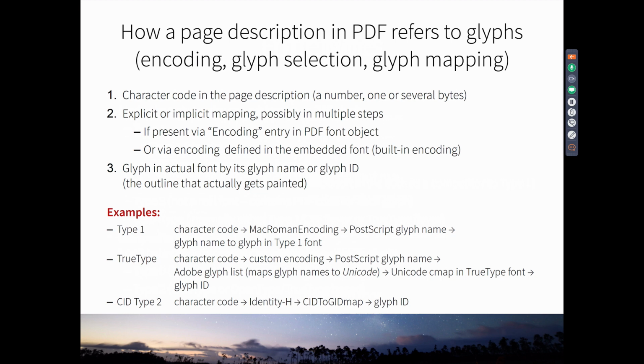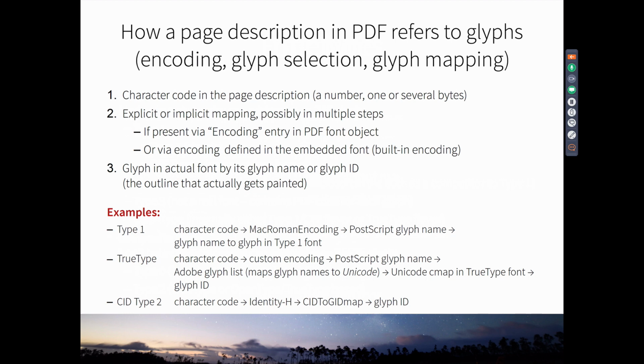The important message is that the character code in the page description is not the same as the glyph ID in the font, and there needs to be a way from this character code in the page to the glyph ID. And the way from A to B is not always the same. It very much depends on the font type and so forth.